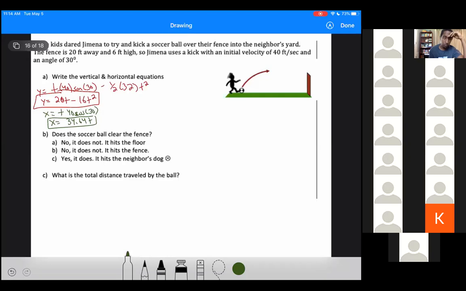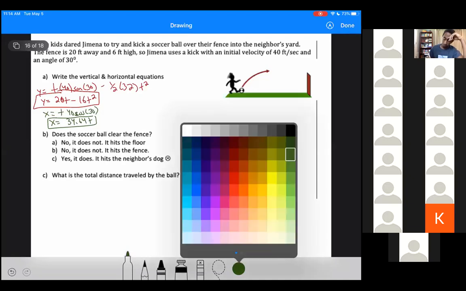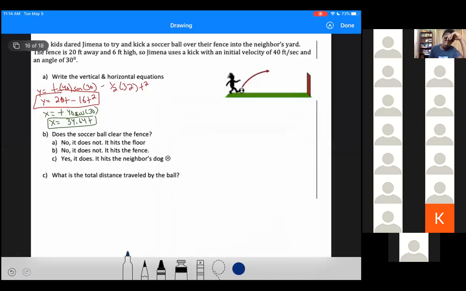All right. Let's do Carla. Could you help us out with the next step? So I used the horizontal equation to find the time when the ball was at 20 feet. So 20 equals t times 34.64.